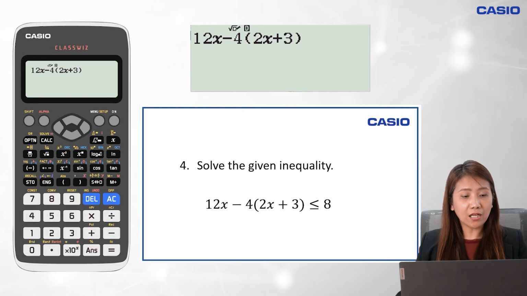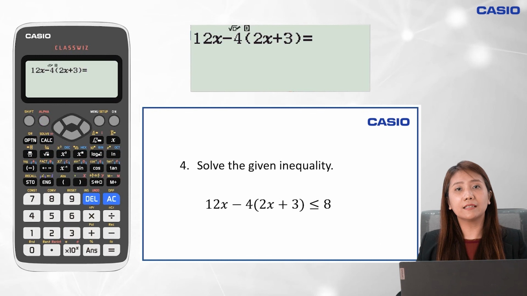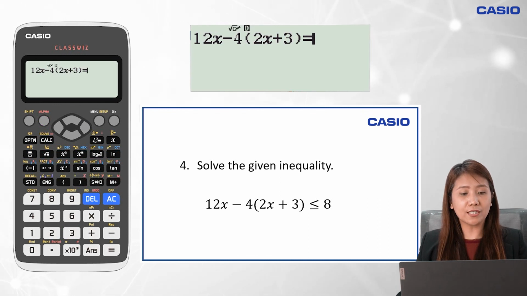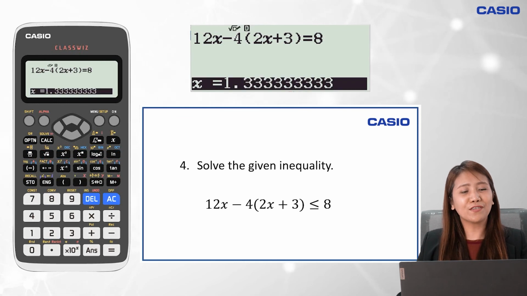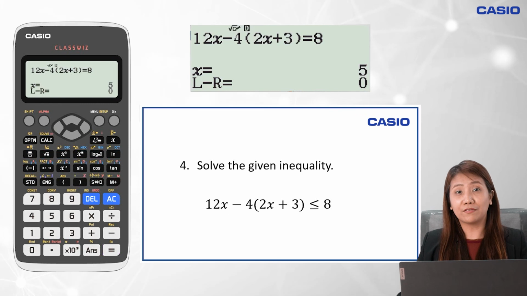We press alpha calc for the equal sign, and key in the second side of the equation, which is 8. We press shift calc, followed by the equal sign. That will give us a 5. The answer is x is less than or equal to 5.